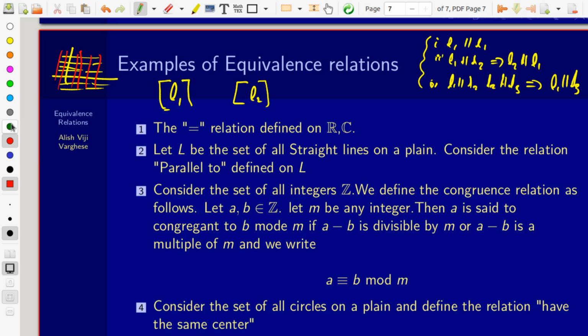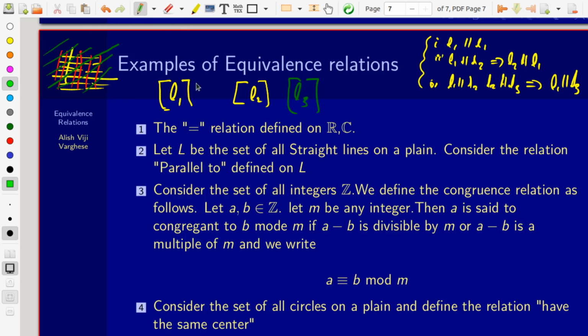Then we can consider another straight line, say L3, which is at an angle to the x and y axes. The equivalence class of L3 contains all the straight lines that are parallel to L3. Now observe that all these equivalence classes are mutually exclusive; there is no element which belongs to two of these equivalence classes.